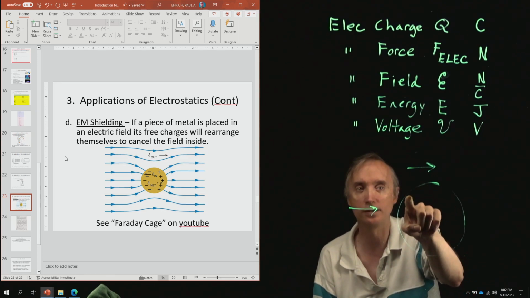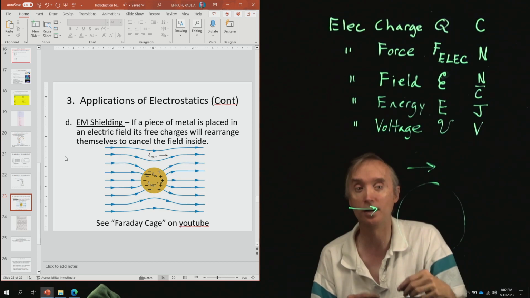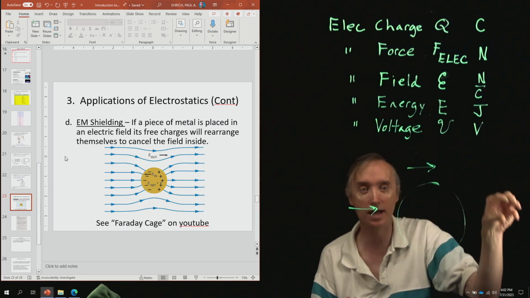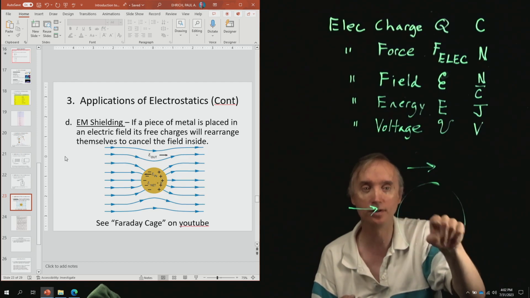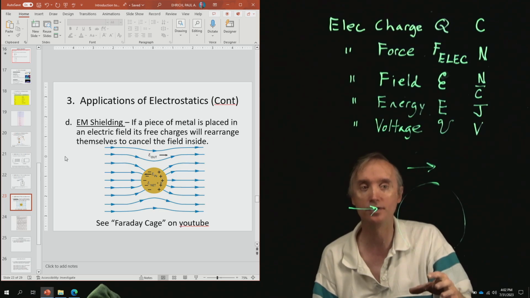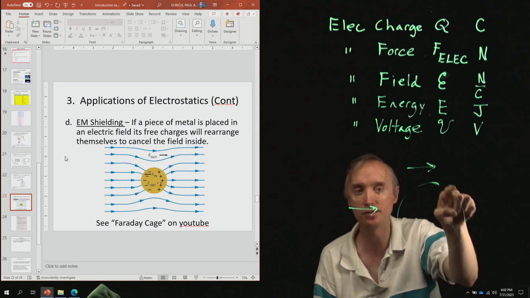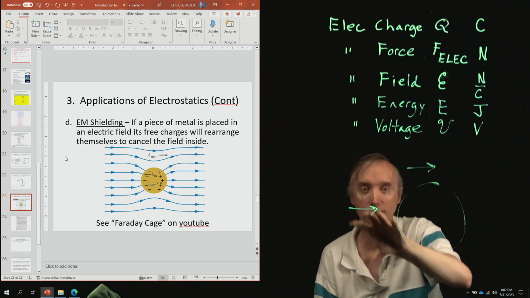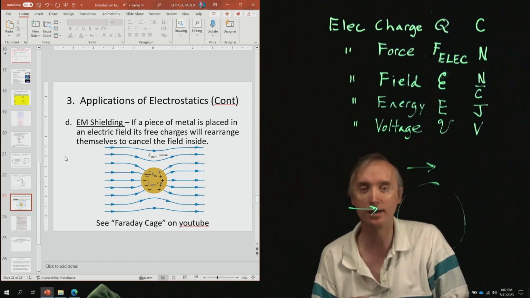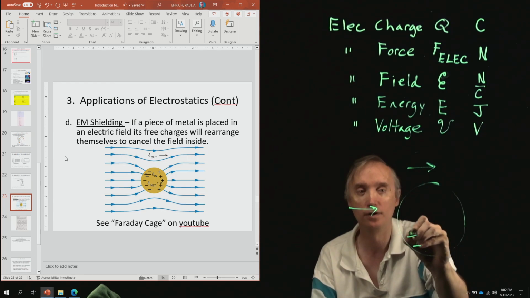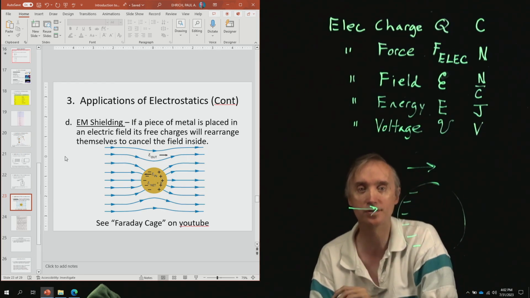The piece of metal is made of metal atoms that have electrons that can jump from atom to atom. Metals are good conductors of electricity. So what will happen is the atoms that make up the piece of metal are going to sense this external electrical field, and they're going to rearrange their electrons so that electrons flow through the piece of metal over to this side.